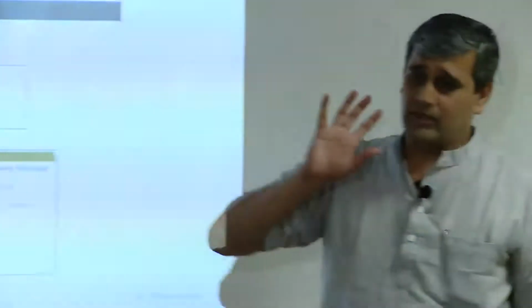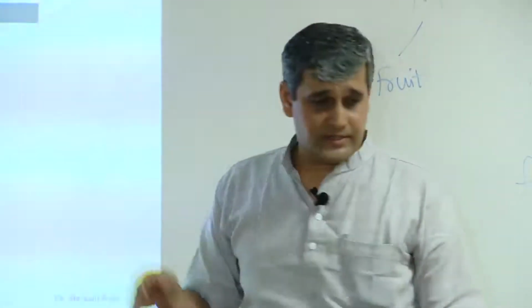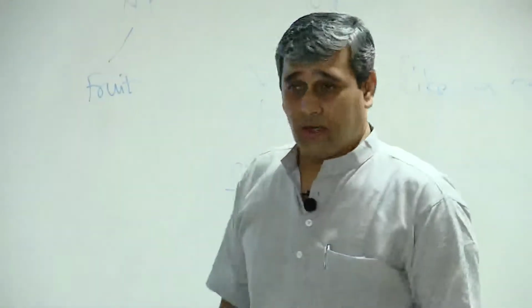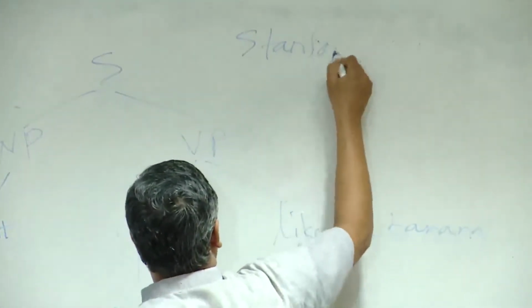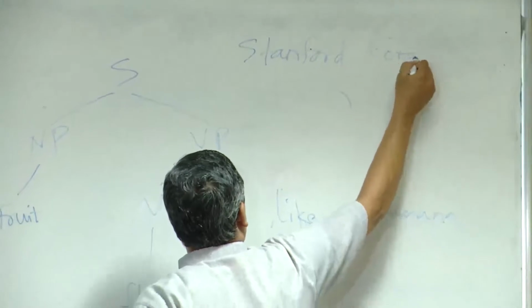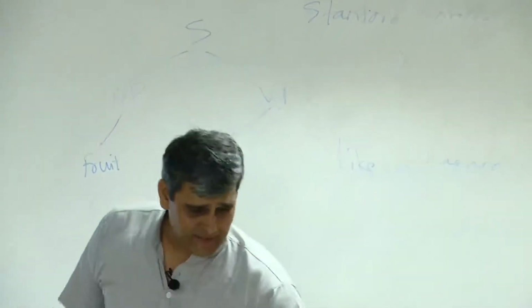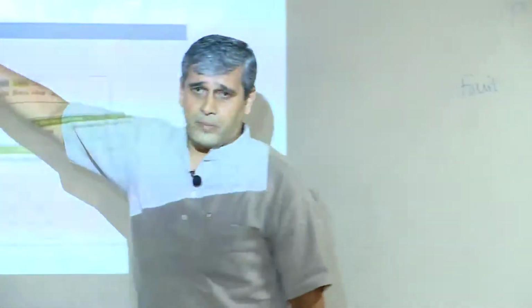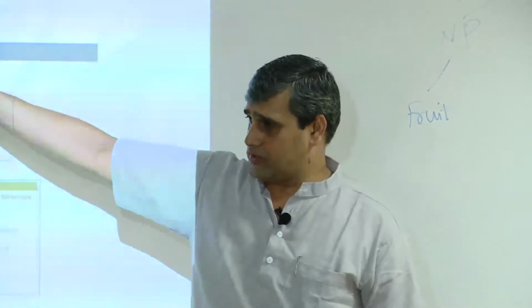All these algorithms are built into it. If you want, we can discuss, or you can go and find out. I'll just write it: Stanford CoreNLP. That's the toolkit which has a lot of these tools: the part of speech tagger, the dependency parser, shallow parsers, everything built into it. So, you can go and explore.